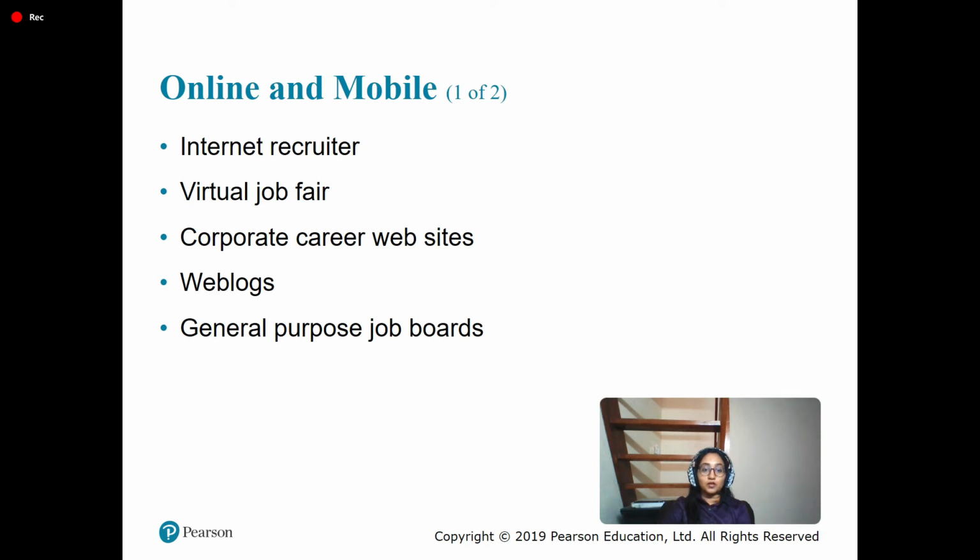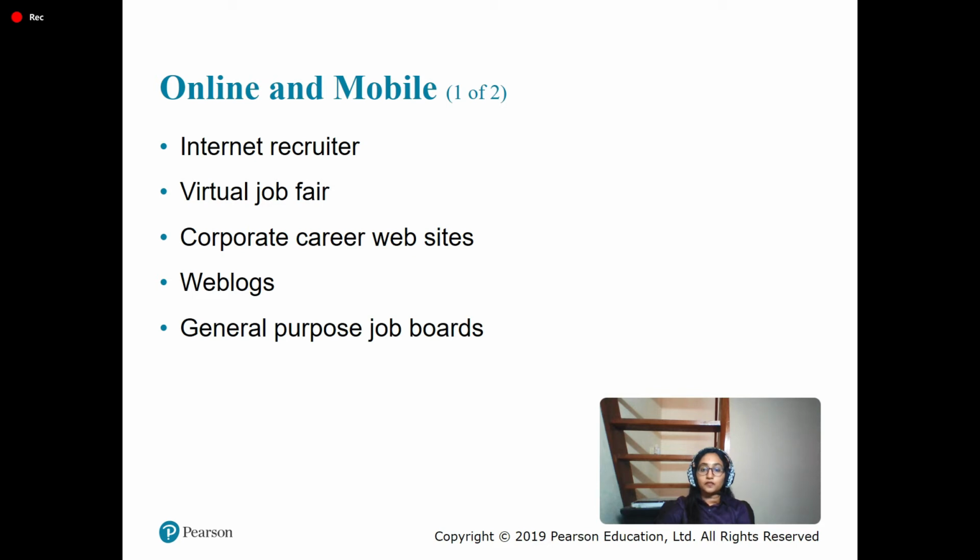Weblogs or blogs have changed the way in which individuals access information about jobs and companies. Google or a blog search engine such as Technorati.com can be used to find these valuable blogs. All you have to do is type in a keyword like marketing jobs to find them.